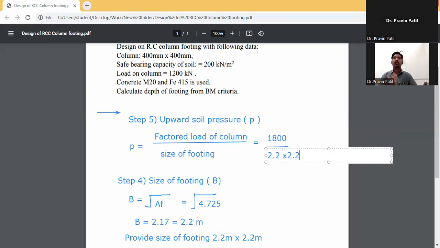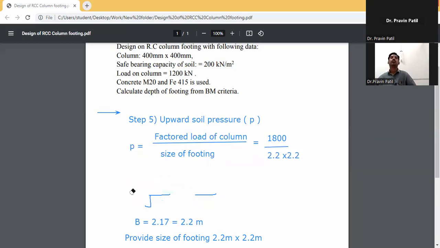So P is equal to 1800 divided by 2.2 into 2.2. It will be 371.900 kilonewton per meter square.